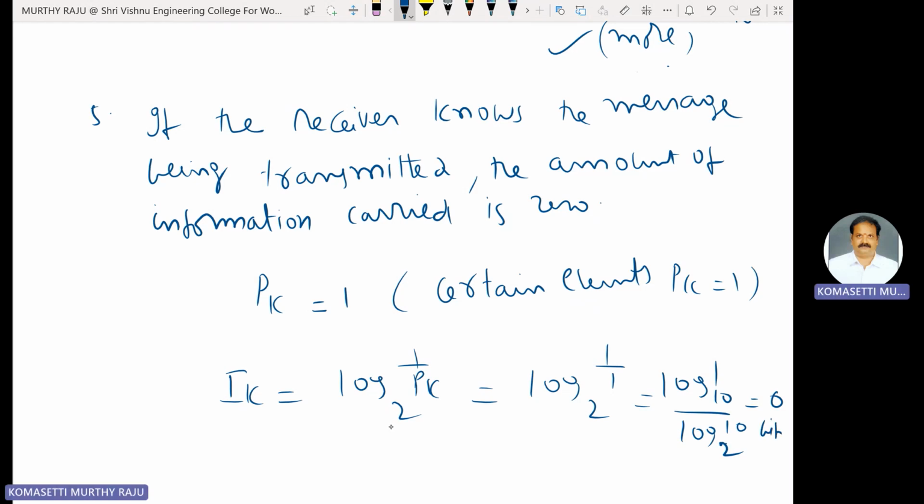If the receiver knows the message being transmitted, the amount of information carried is 0. That means only one message is transmitted, so probability of occurrence of that message will be 1. Pk is equal to 1. These are certain messages.